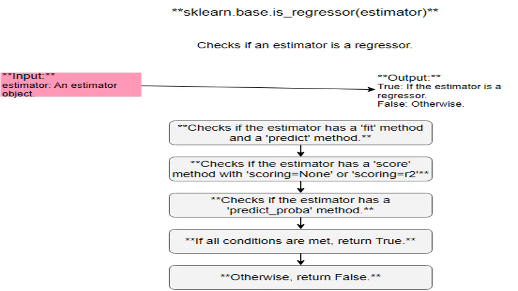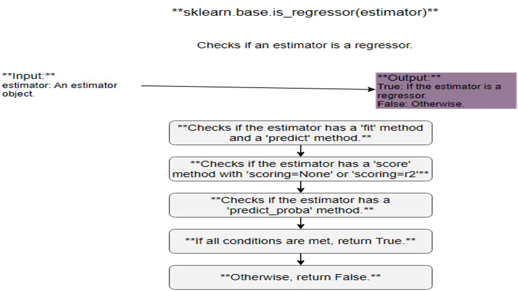The false condition is triggered if any required method is missing and returns false. The output of the system is a Boolean value indicating whether the estimator is a regressor.